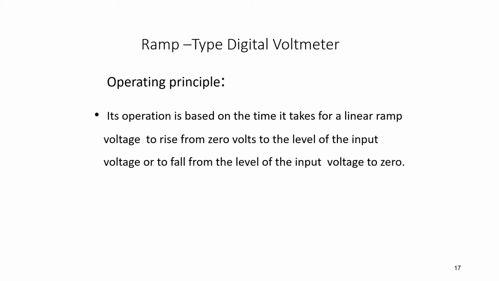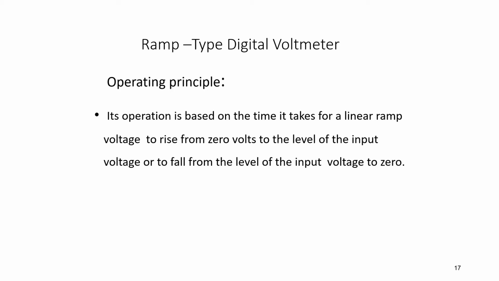The basic building blocks of digital instrument we have already seen. So any digital instrument may consist of the resistors, the capacitors, the transistors, the linear ICs, the digital ICs, the display devices, analog to digital converters, digital to analog converters.